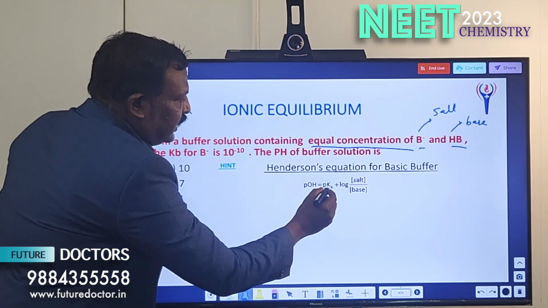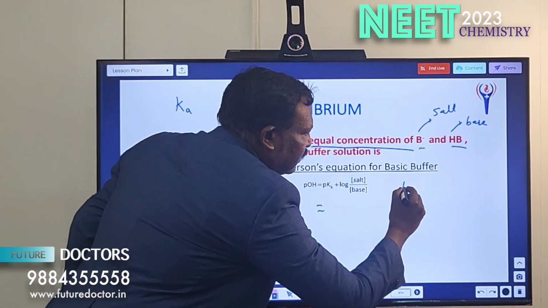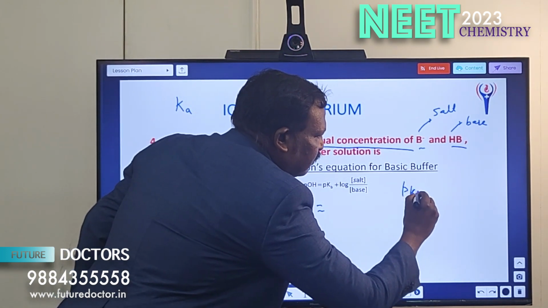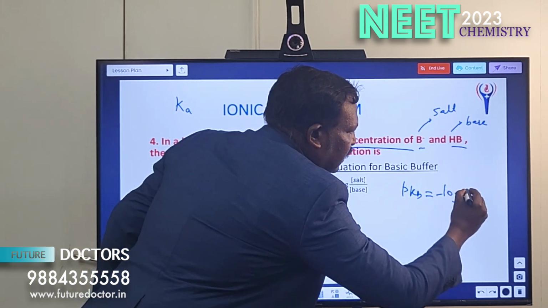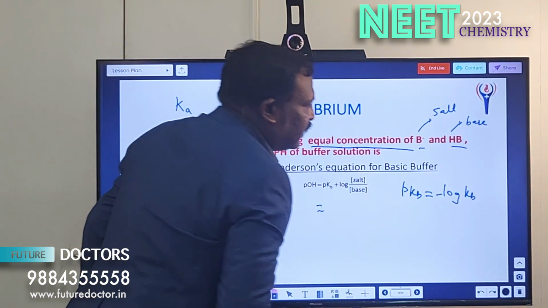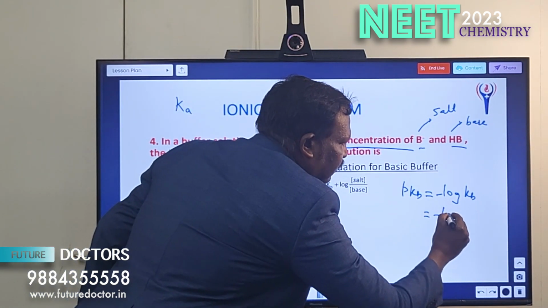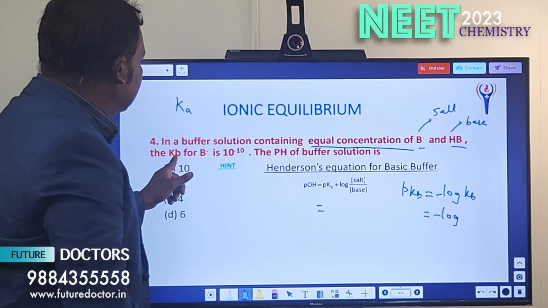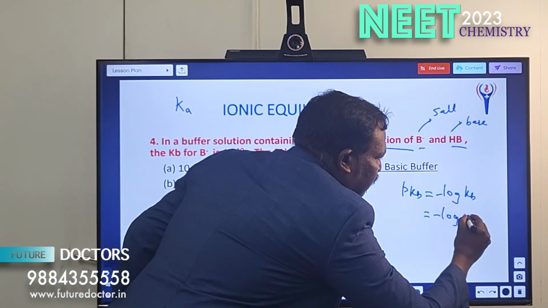Then pKb. Here Kb is given, no? So what's the formula for pKb? pKb is equal to minus log of Kb. This is the formula. Kb is given as 10 power minus 10.